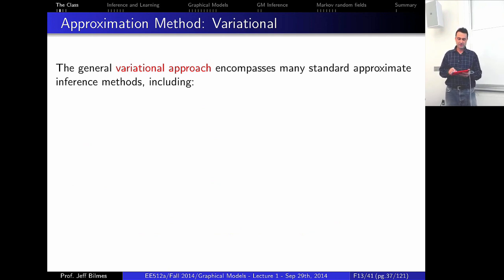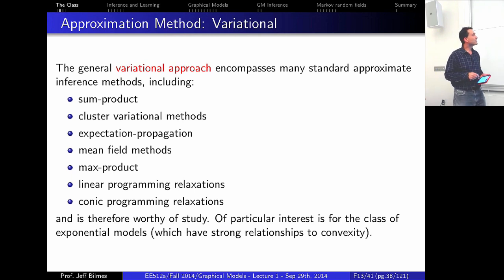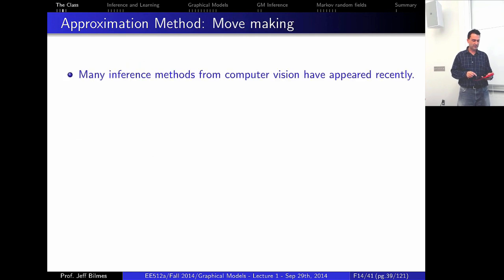And in fact, now we're aware that they actually encompass and cover all of these different methods, including things like the sum product algorithm, cluster variational approaches, expectation propagation, mean field approaches, and various forms of linear and conic programming relaxation strategies. And what we're going to do then is see how the variational approach gives us essentially all of these wrapped up all within one framework, which is very, very powerful and neat.